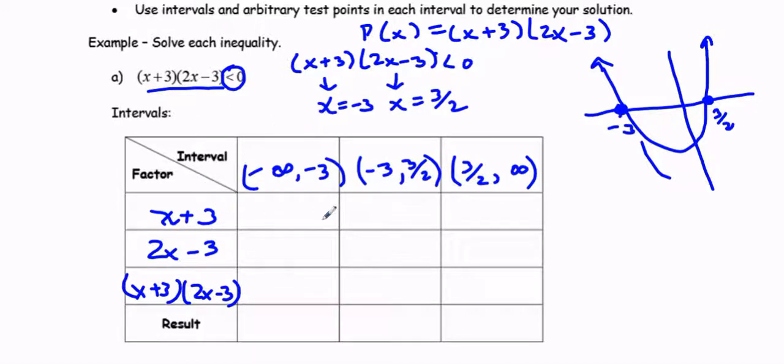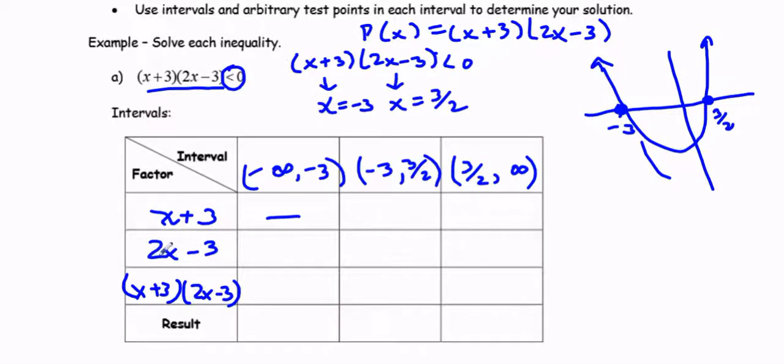So we're going to pick a value that falls within this interval. So always pick a big one, and I would say something like negative 100 might work. So if I'm substituting into the factor negative 100 for x, I'm going to get a negative value. Negative 100 plus 3 is negative 97.